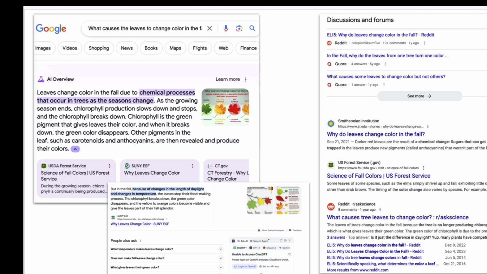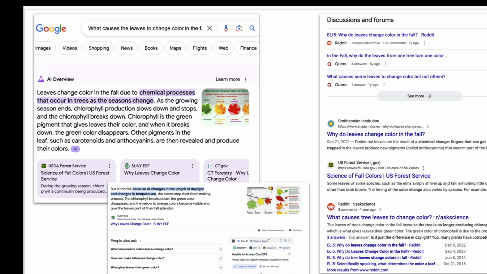And this is what it looks like when I did the search, what causes leaves to change color in fall. So you see that you're getting the AI overview. Up there, you're getting a list of discussions and forums, which may or may not have value. And you're getting some decent websites, like from the Smithsonian and the Park Services, and I guess we're getting another forum in terms of Reddit.